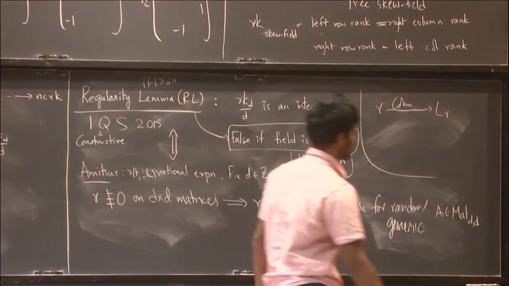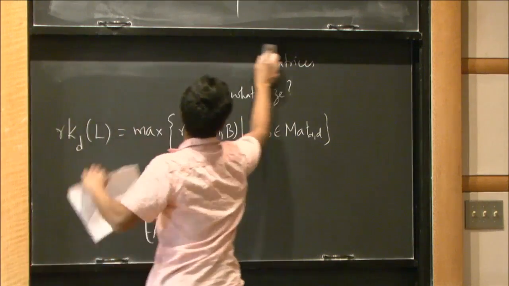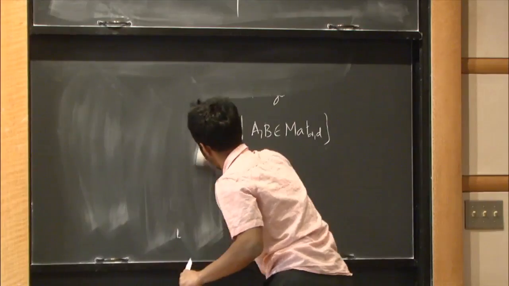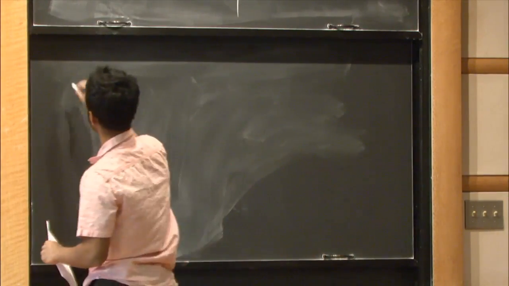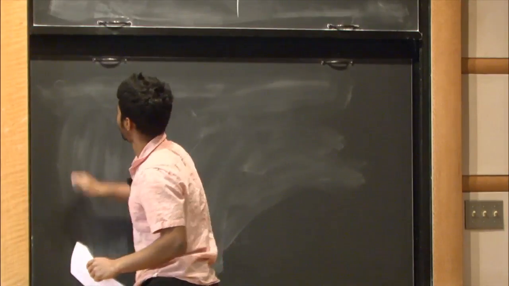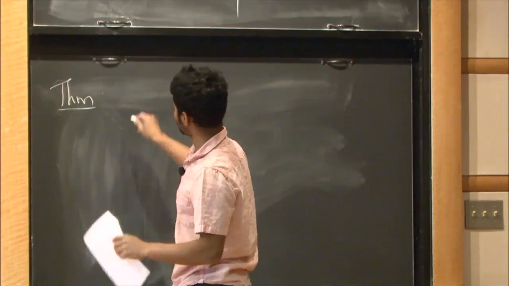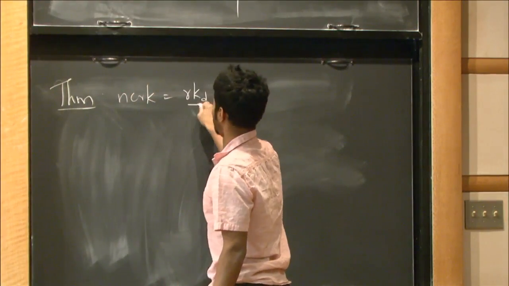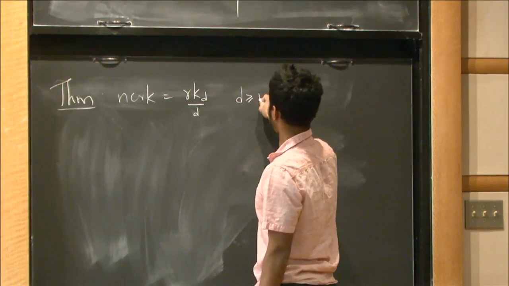Here's now where I come to. Okay, so here's the theorem. The theorem is actually that the non-commutative rank is equal to one of these numbers as long as d is greater than or equal to n minus 1.